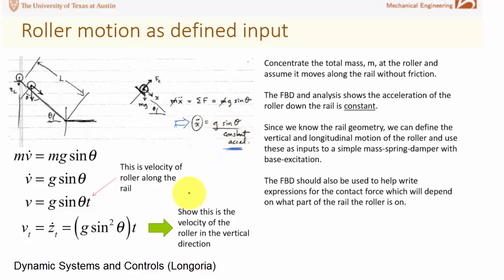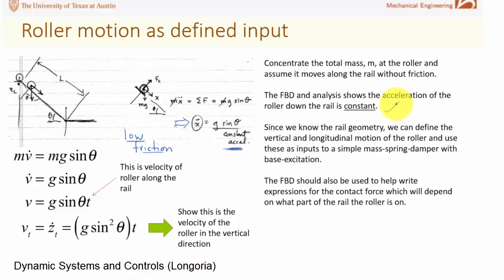So we have a constant acceleration down that path. Note that the key assumption here is that there's very low friction, low to the point of being negligible. So that's why we get this constant acceleration.